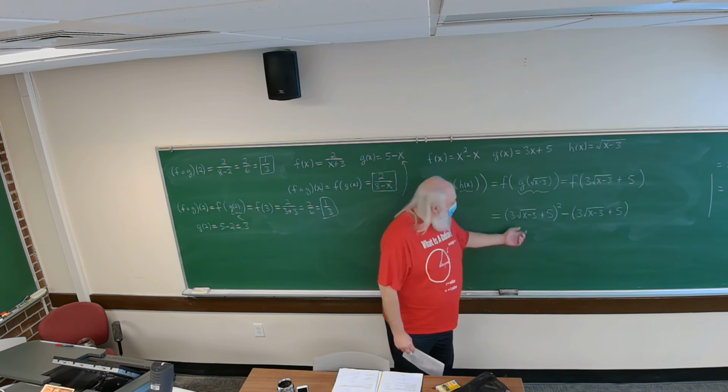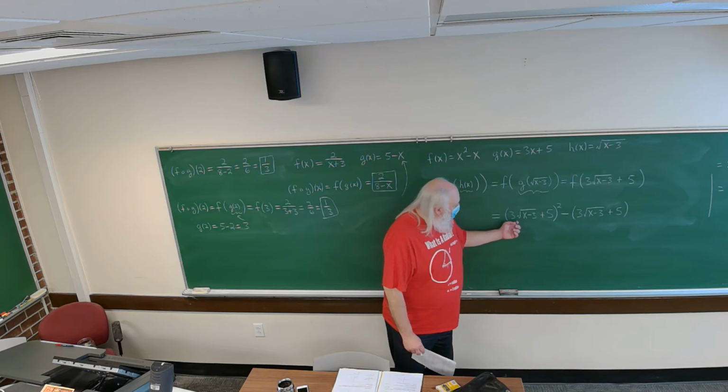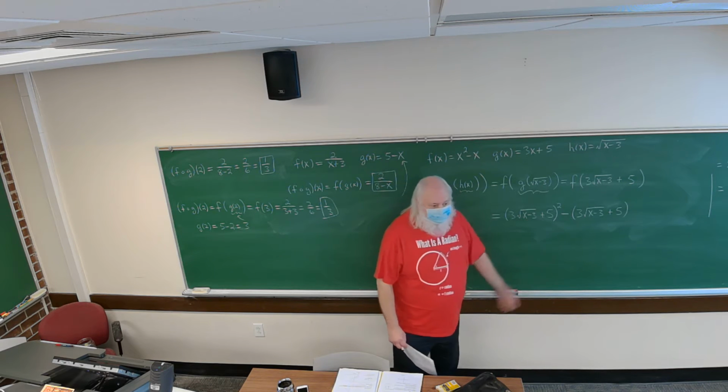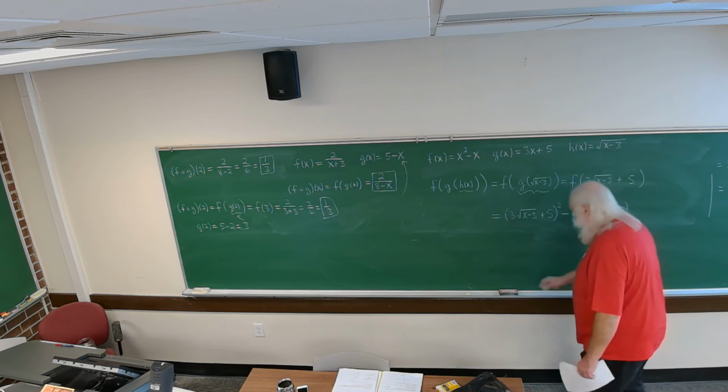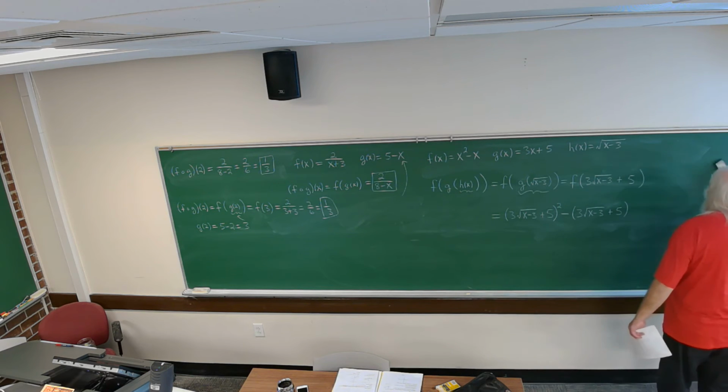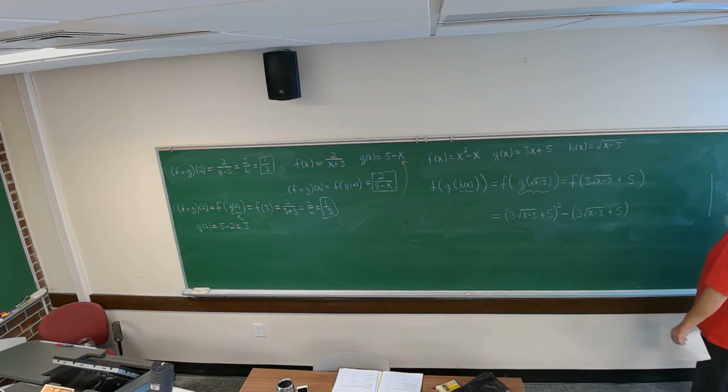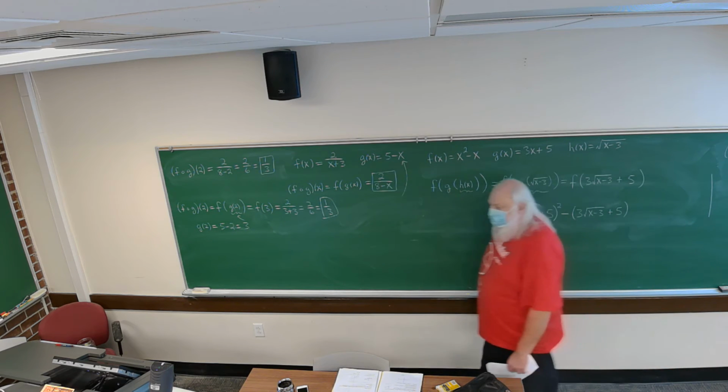What we're actually doing is just FOILing what's in parentheses times itself: 3 times the square root of x minus 3 plus 5 times itself.